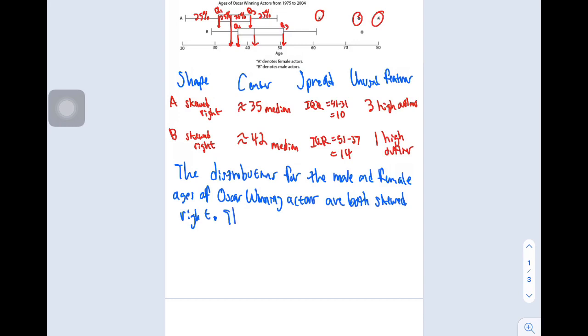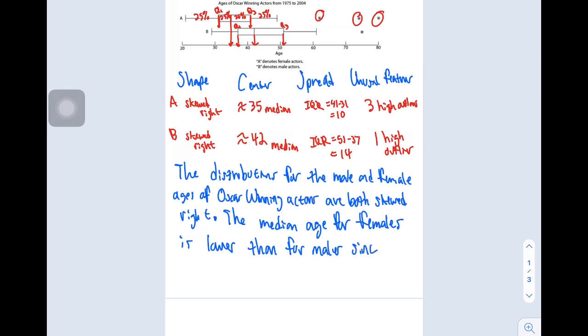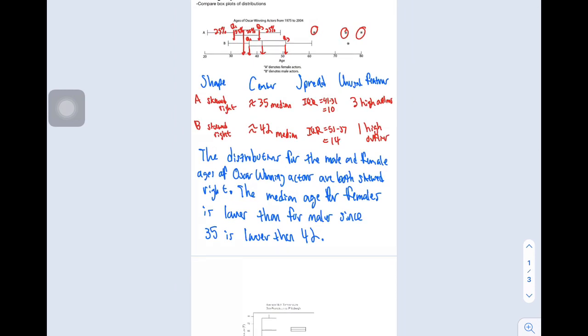So for this one, I can say something like the median age for female is lower than for males since 35 is lower than 42. Okay, that's just how I worded it. You could have worded it a little differently there, as long as you have comparative language. And in this case, it'd be lower than.